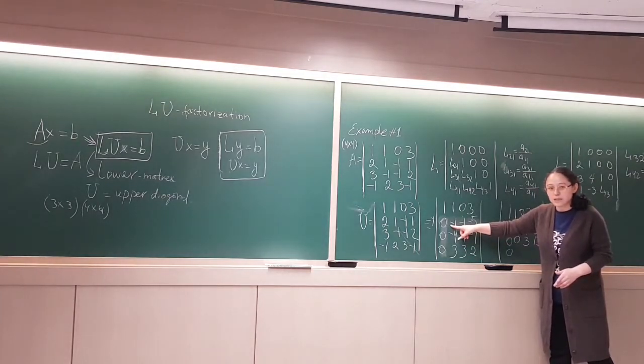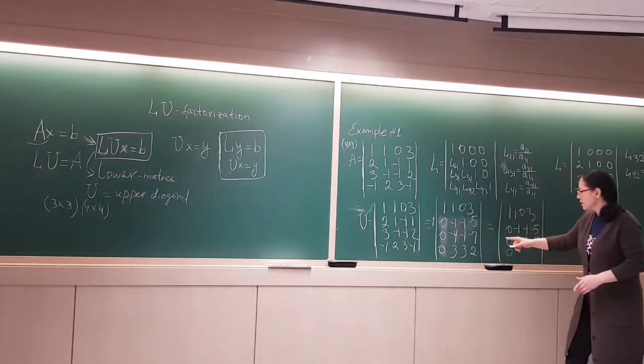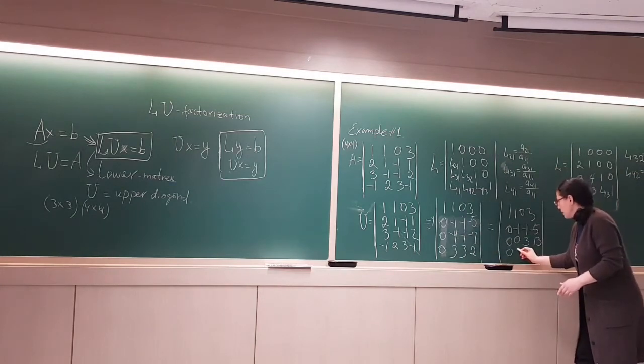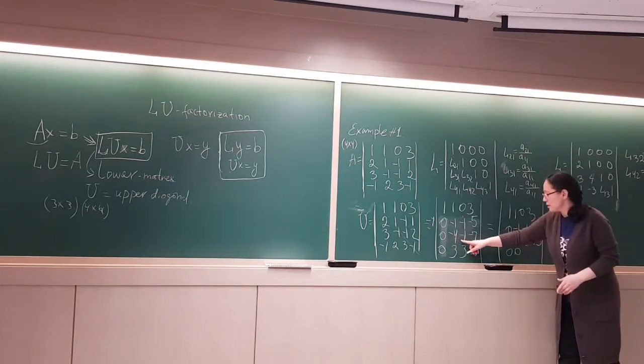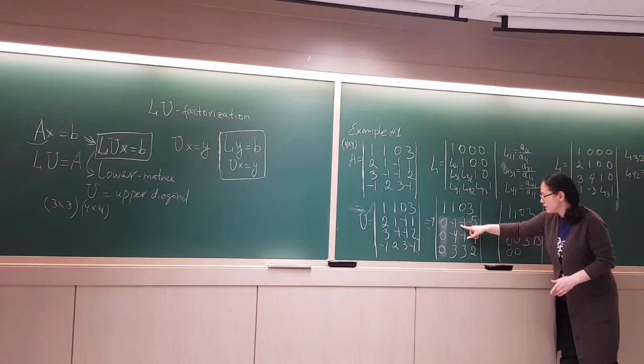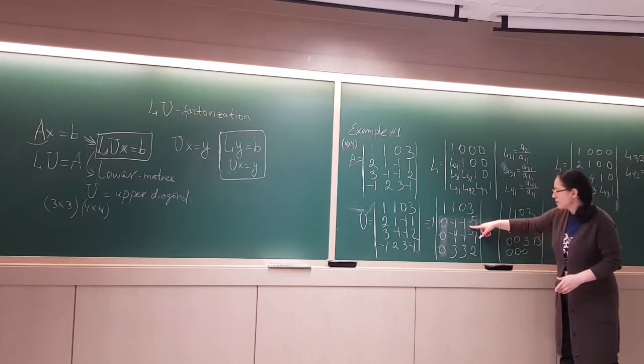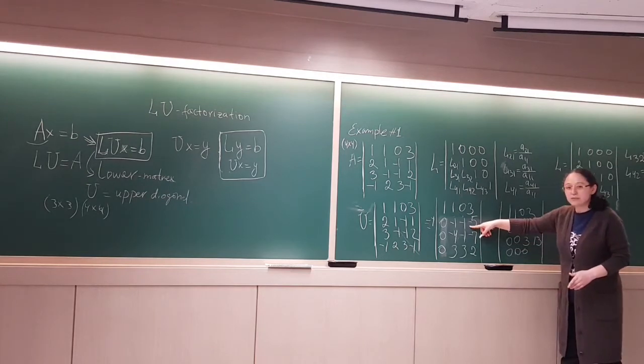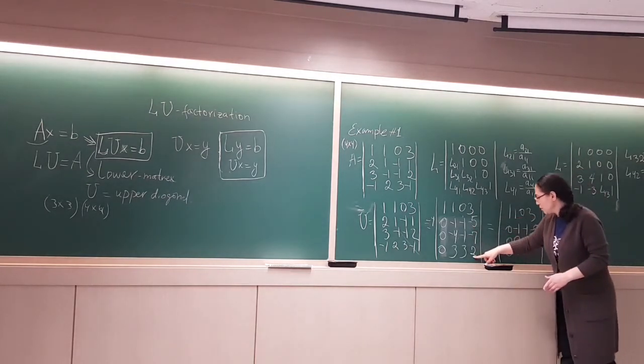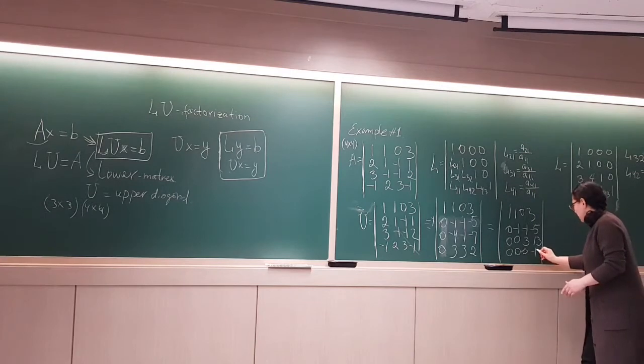Plus 3. Then it will be 0, plus 3, 0, and the same. 0. And here 15 minus 15, minus 15. And it will be minus 13.